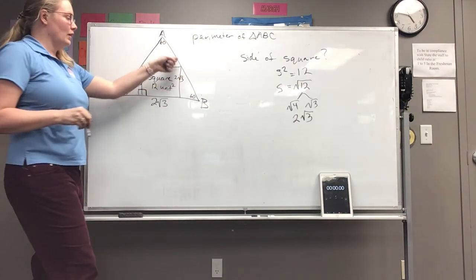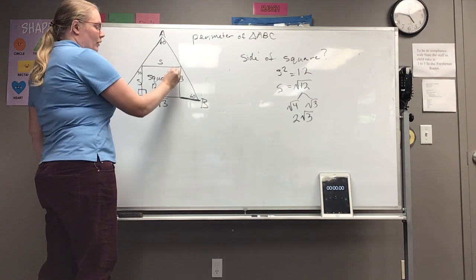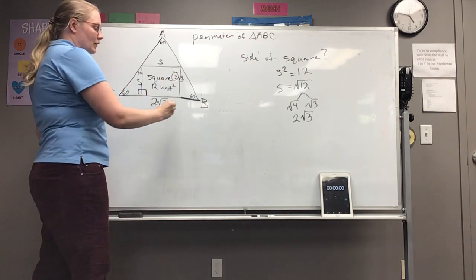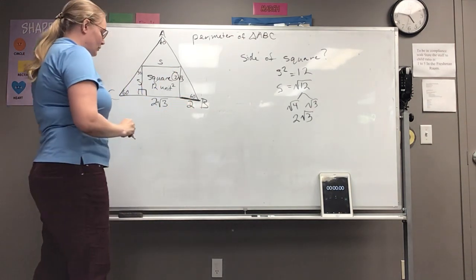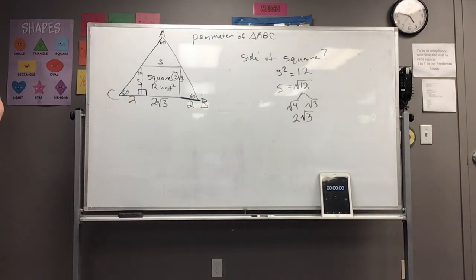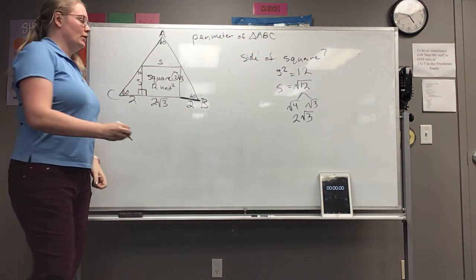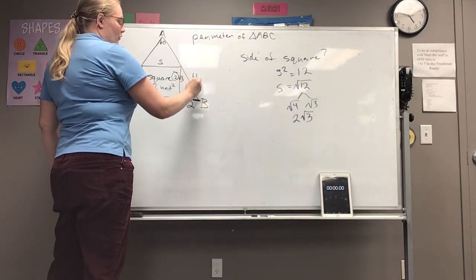If this length is 2 square roots of 3, our short length is only this. And so we have a 2, we have another 2. Again, with those special right triangles, if this is 2, this is 4.